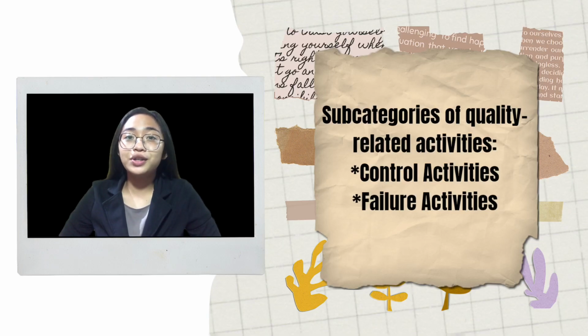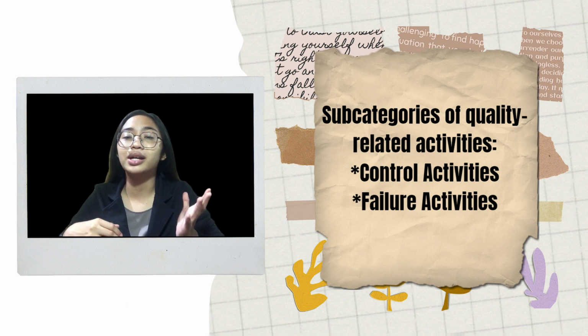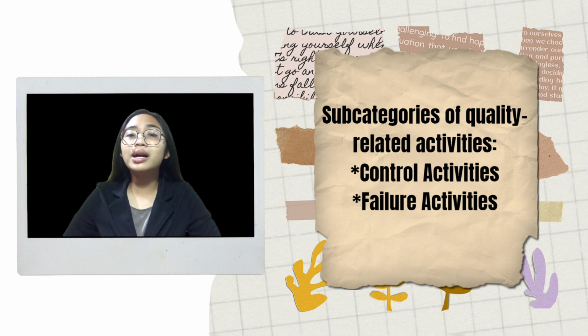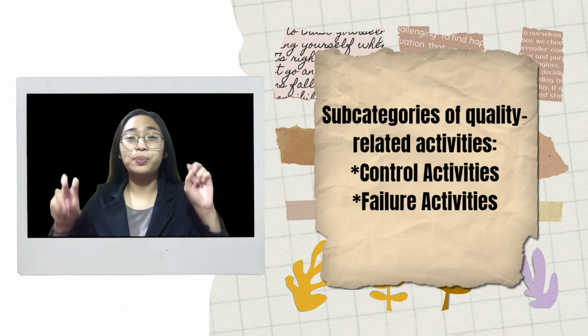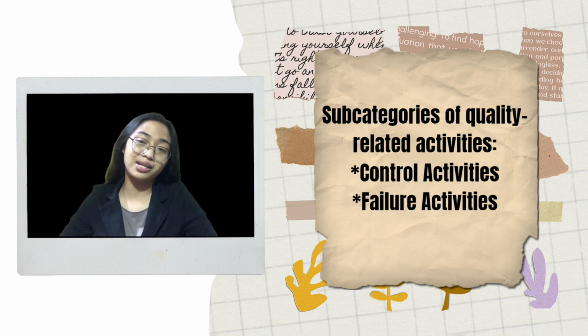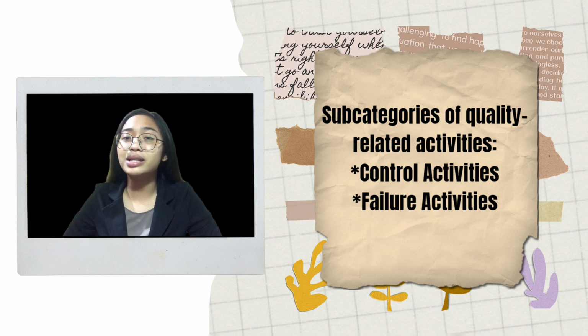Now that we already know what is the cost of quality, let us move on to the definition of the subcategories of quality-related activities of it. There are two subcategories, which are the control activities and failure activities. Control activities are performed by a company to stop or find quality problems, because poor quality may exist. Control activities include things like preventing problems and figuring out what went wrong.